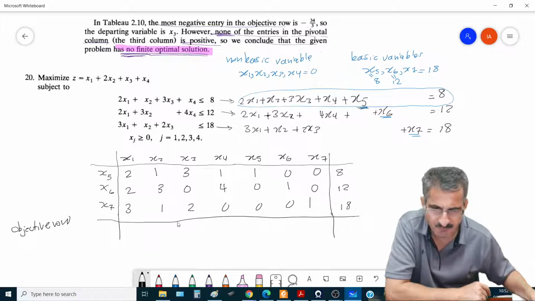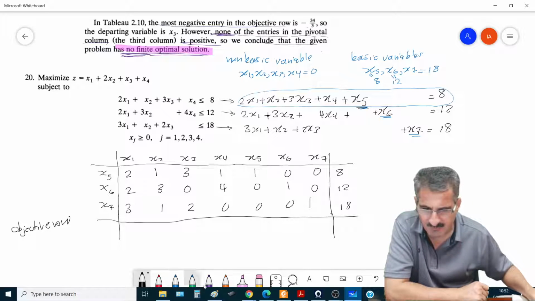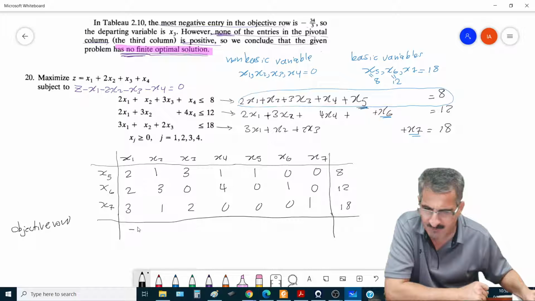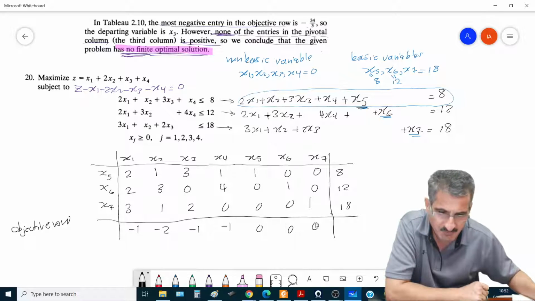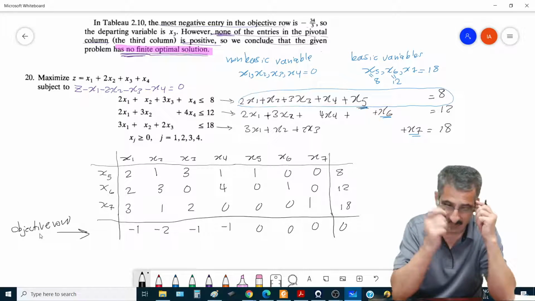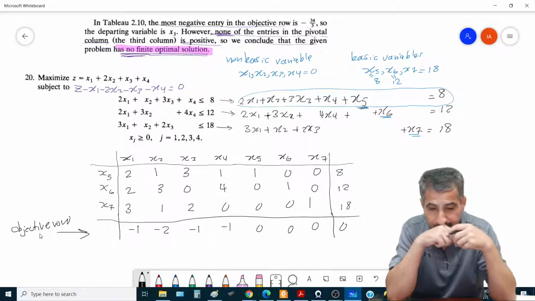This is z minus x1 minus 2x2 minus x3 minus x4 equals 0. So I will go for minus 1 for x1, minus 2, minus 1, and these must be zeros because they are the basic variables. So this is the objective row, and we have the initial table.